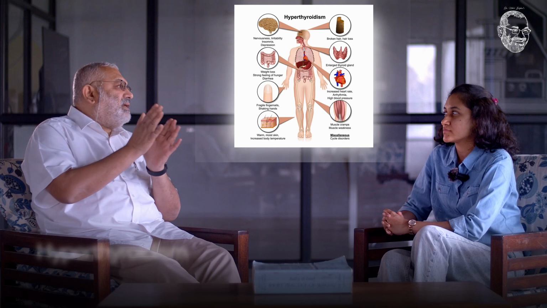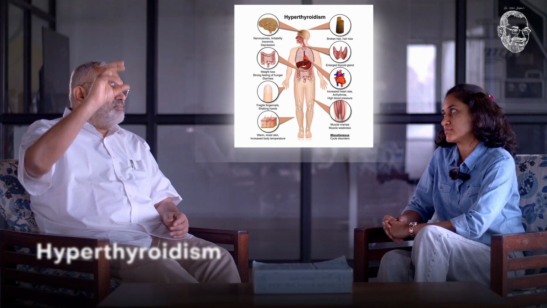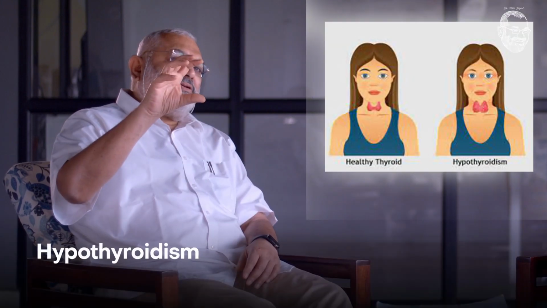Now basically you have two types of thyroid disease. One is hyperthyroidism, where the amount of thyroxine produced in the body is more, and hypothyroidism, where the amount of thyroxine produced in the body is less.